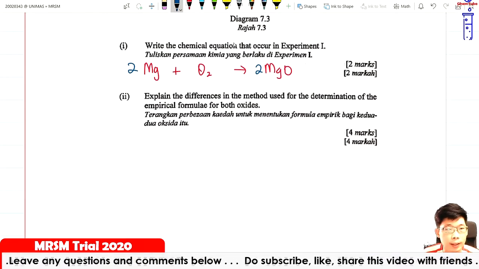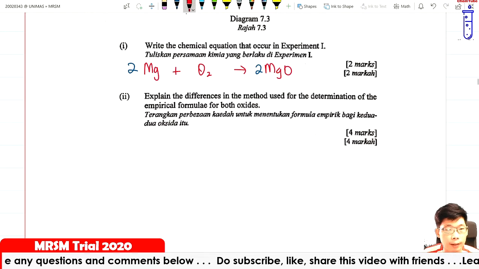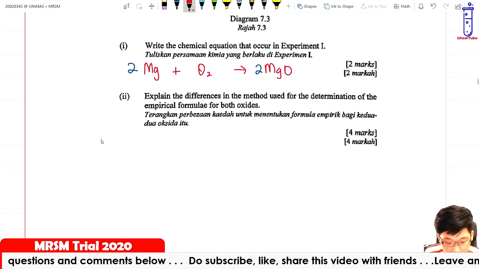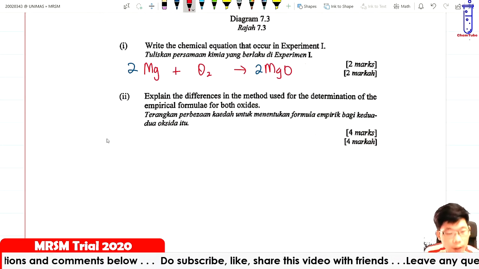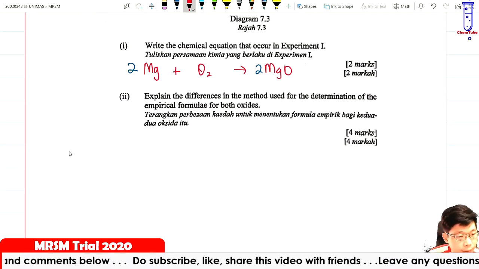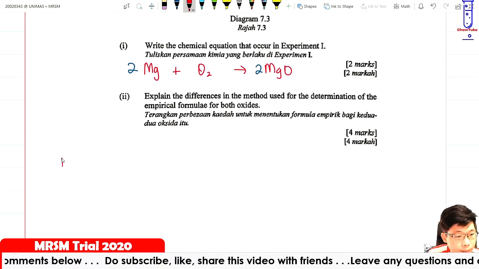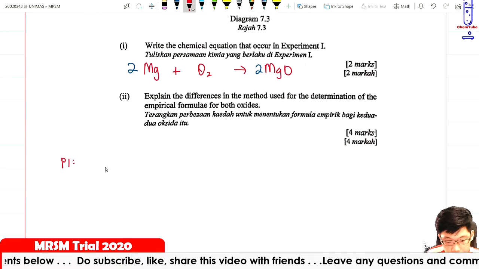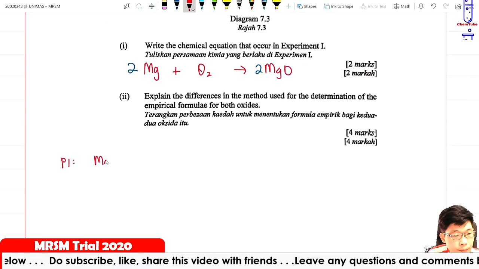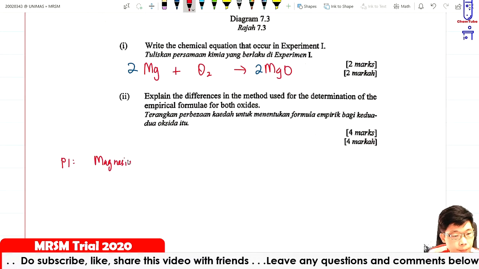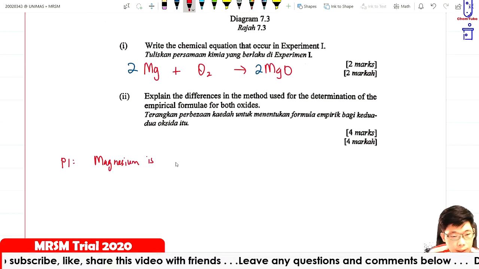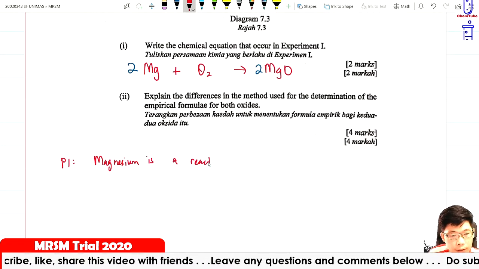Explain the differences in the method used for the determination of the empirical formula for both oxides. So 4 marks. So just now I mentioned already the reason. So point number 1, what we can write is, magnesium is a reactive metal.